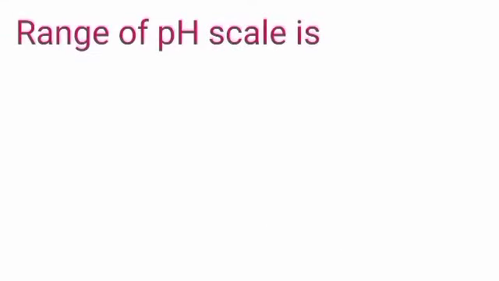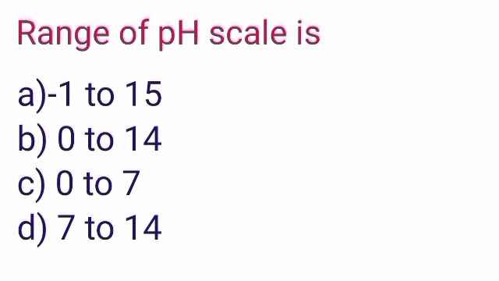Next, the range of pH scale is option A -1 to 15, B 0 to 14, C 0 to 7, D 7 to 14. The correct answer is 0 to 14.